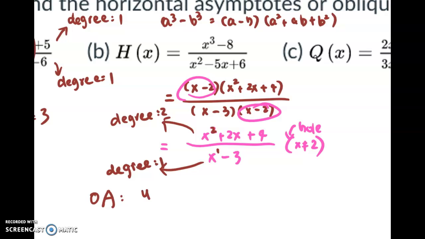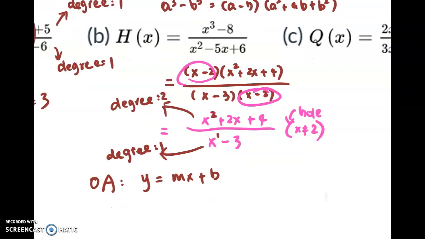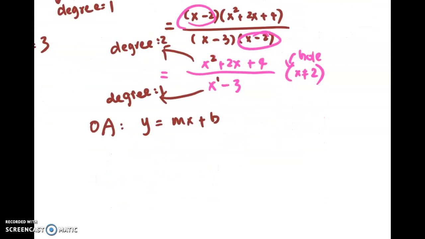We know it's in the form of y equals mx plus b, because it's a line. We will have to use long division. Inside we will write x squared plus 2x plus 4. On the outside we'll write x minus 3. We'll do the division.